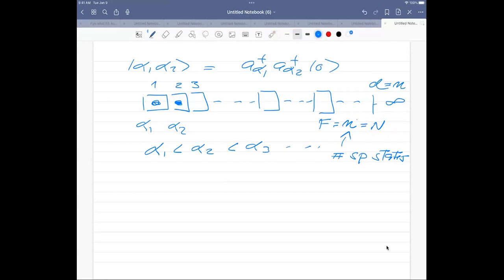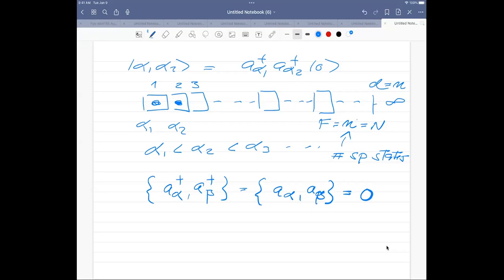And then what we did last week was that we found the commutation relation. We found that these operators, a alpha, a beta dagger, due to the Pauli principle, have a specific anti-commutation relation, which gives exactly 0.